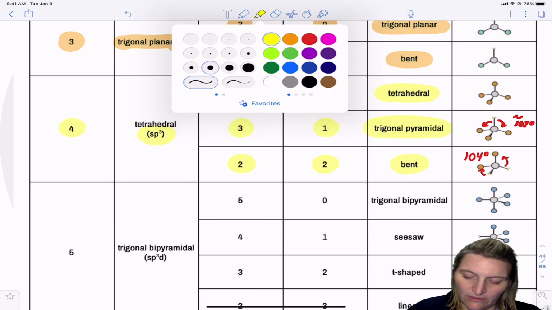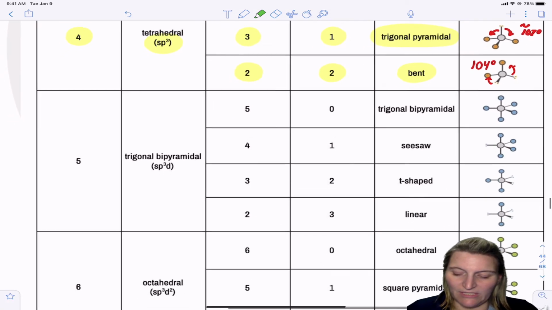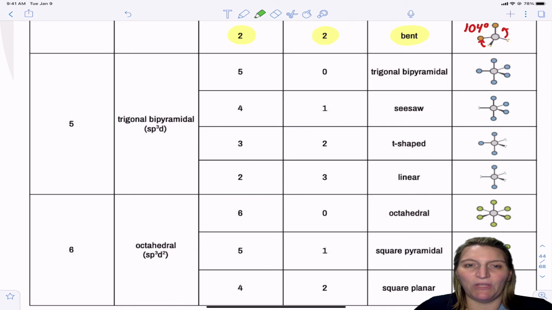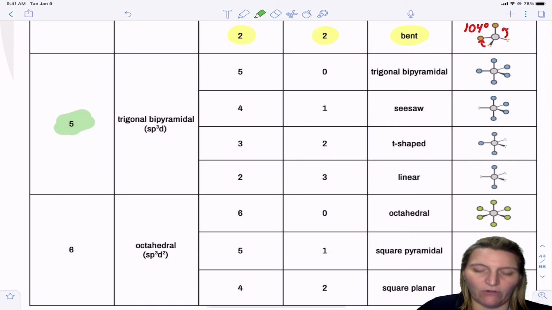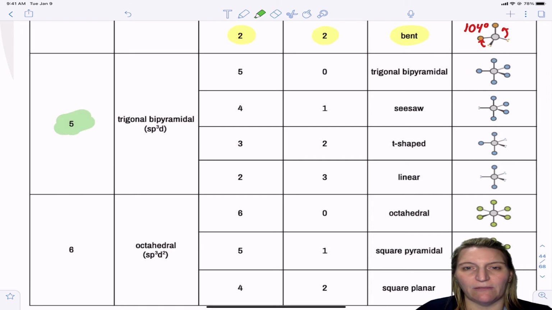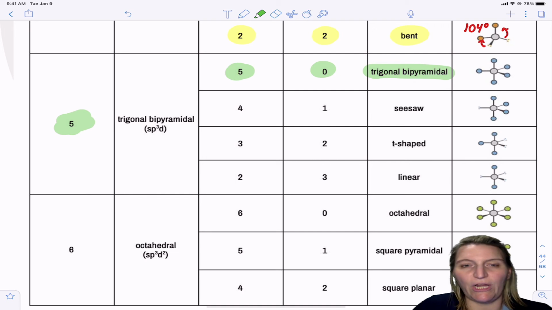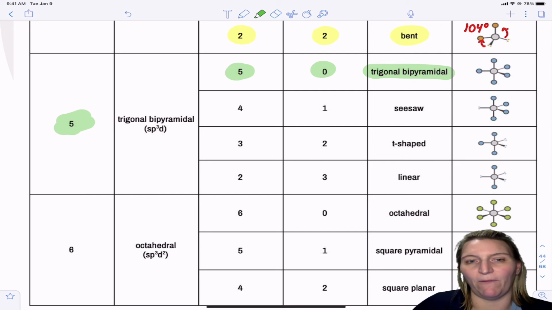Next on the list, we have the expanded octets, trigonal bipyramidal. If the molecule has 5 electron domains and no lone pairs, we call the name of the shape of the molecule trigonal bipyramidal.